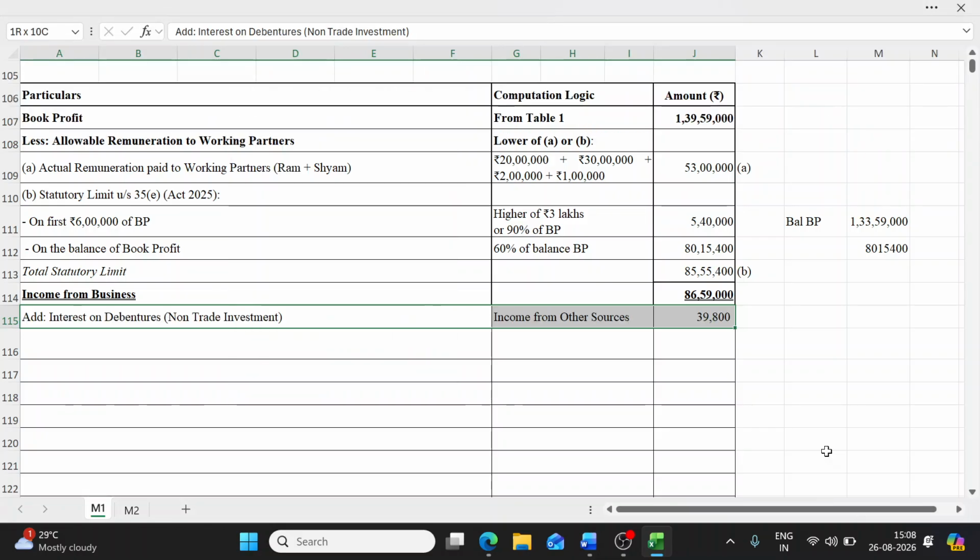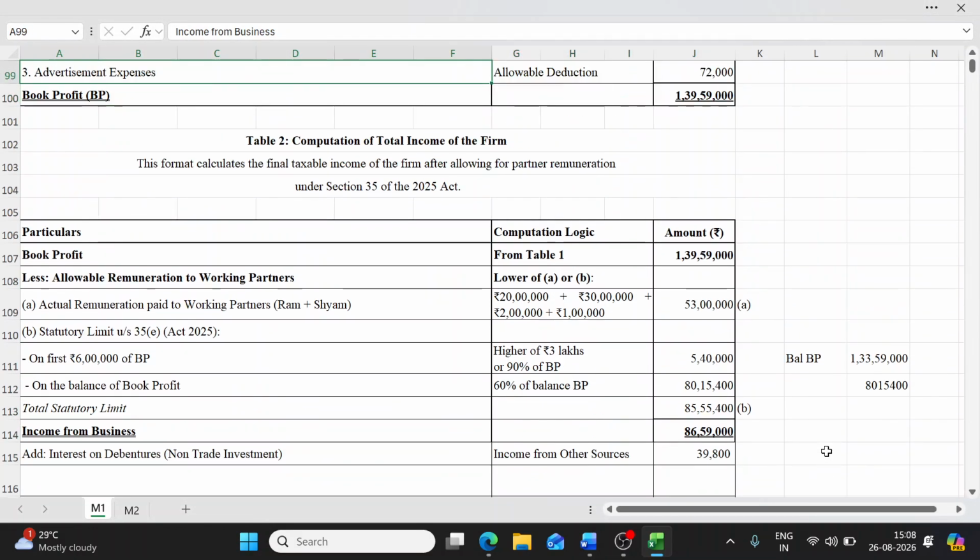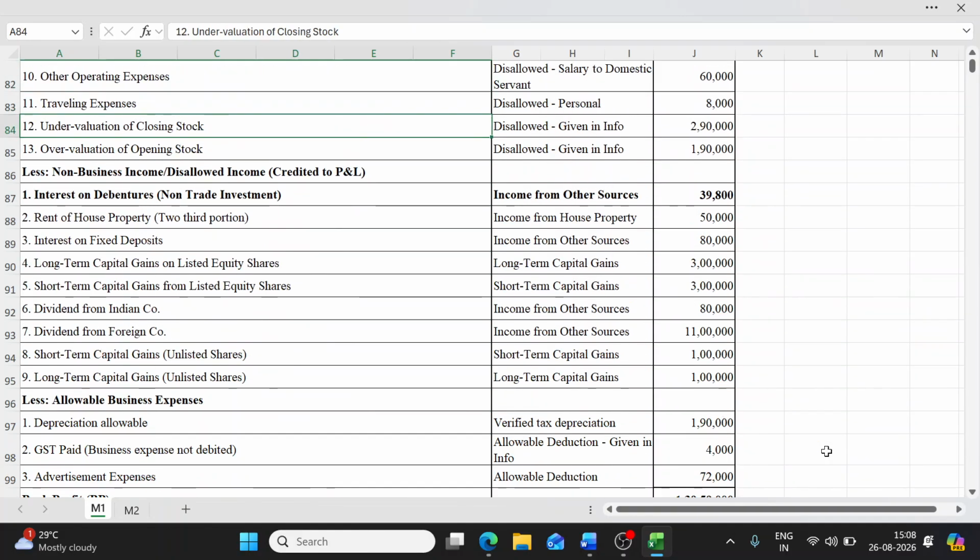Okay. Now the next income is interesting. So it is rent, no? And the total rent is 50,000. But if you remember, there was an adjustment: the ground floor is used for business purpose, and the first and second floors are let out.